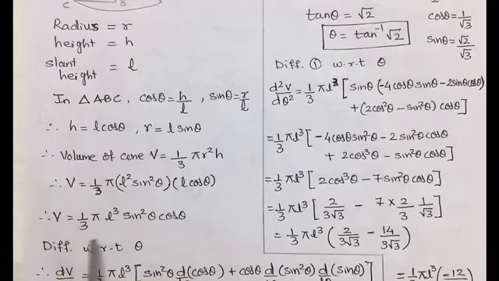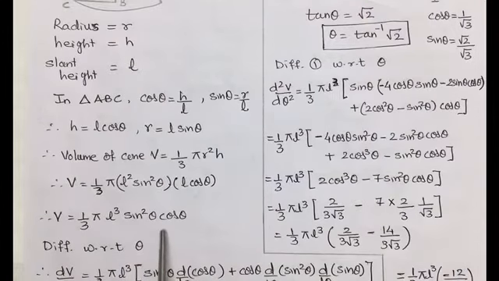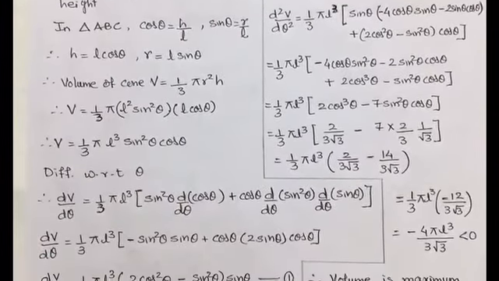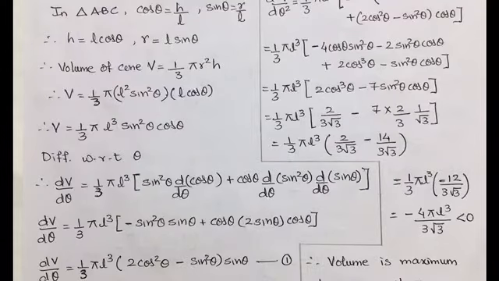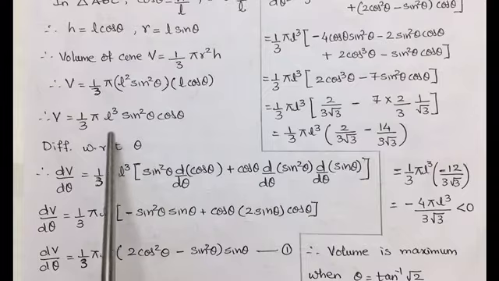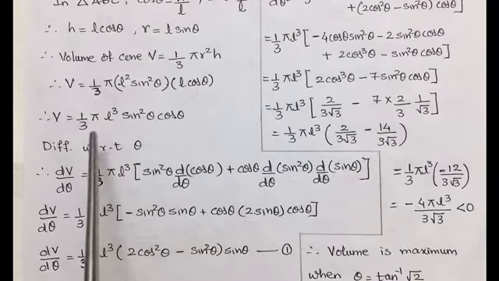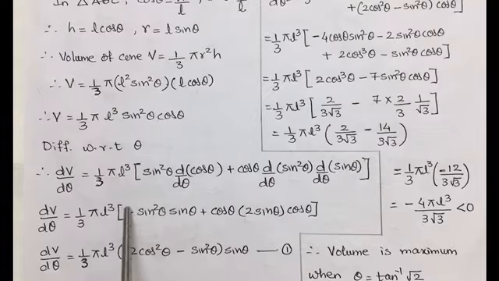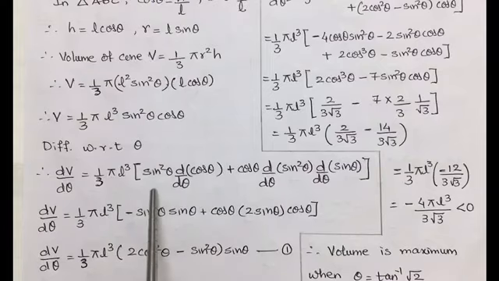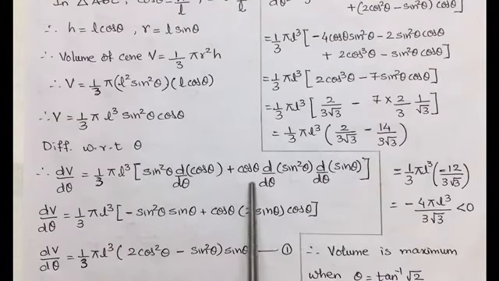Now once we have expressed volume in terms of theta, we have to go for the first derivative, and the first derivative over here is being differentiated with respect to theta. Using the multiplication rule of differentiation, we have dv by d theta is equal to 1 by 3 l cube and pi, they are constant, so they are being kept out. First, the derivative of cos theta is taken, sin square theta is as it is, plus cos theta.